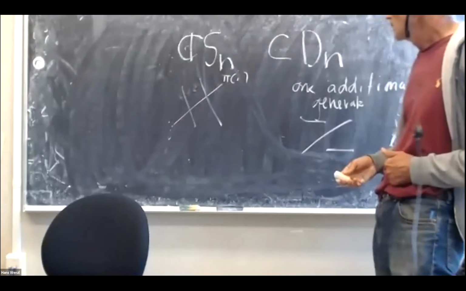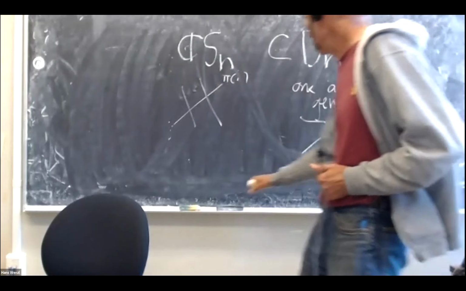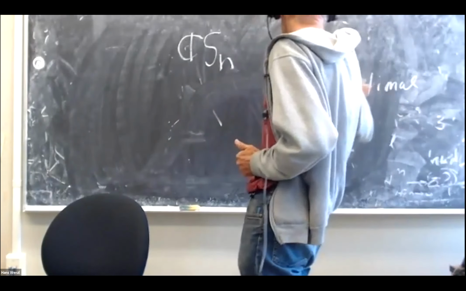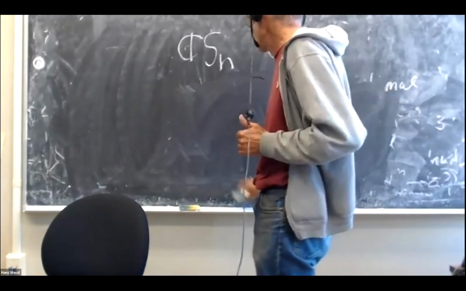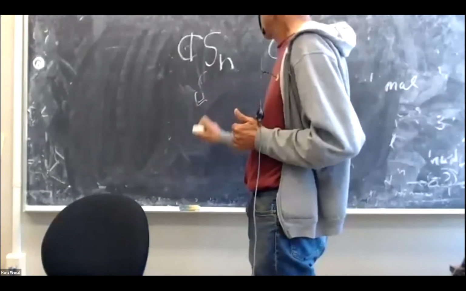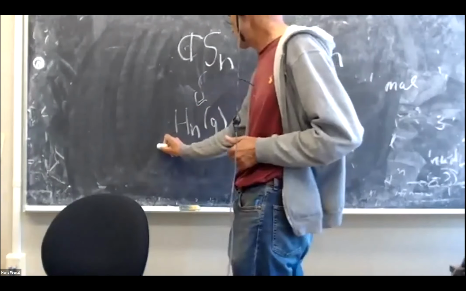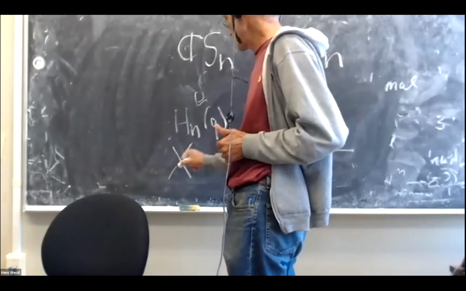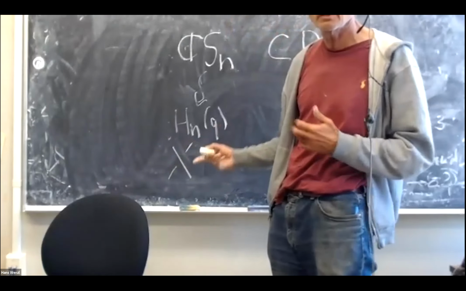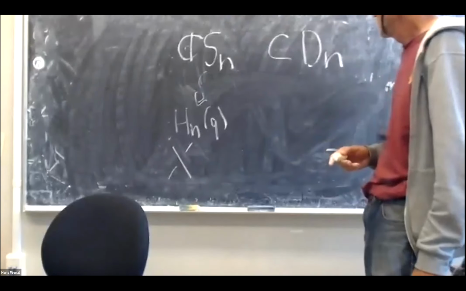So now we know that if you go to the Q deformation here, then we get something called the Hecke algebra, H_n(q), where essentially now we have to worry whether it's an overcrossing or an undercrossing, but that's fine.